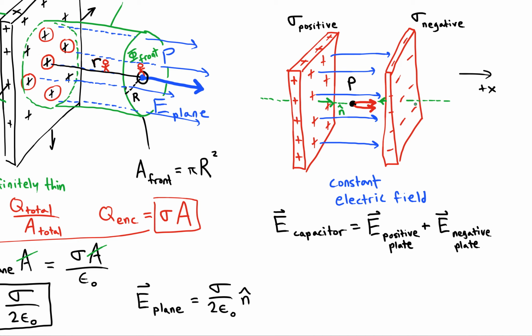There will also be a normal unit vector which points from our negative plate towards point P. Notice that the direction of the normal vector for our positive plate will be positive i, but the direction pointing from our negative plate toward point P will actually be in the negative i direction. So we want to substitute everything in here.